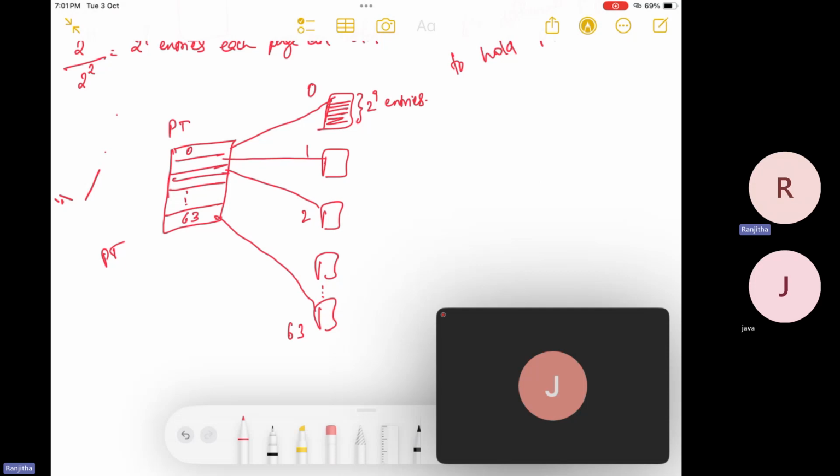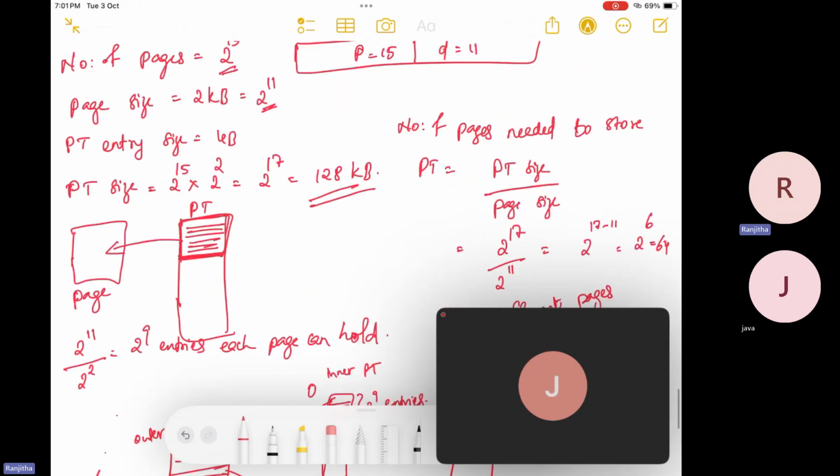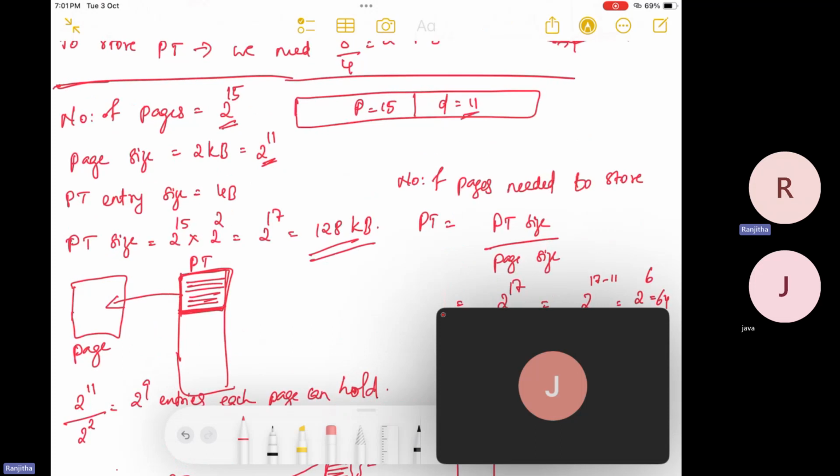So this will be the outer page table, this will be the inner page table, and then we will have the actual physical memory. These are also in physical memory only, but just the actual data.